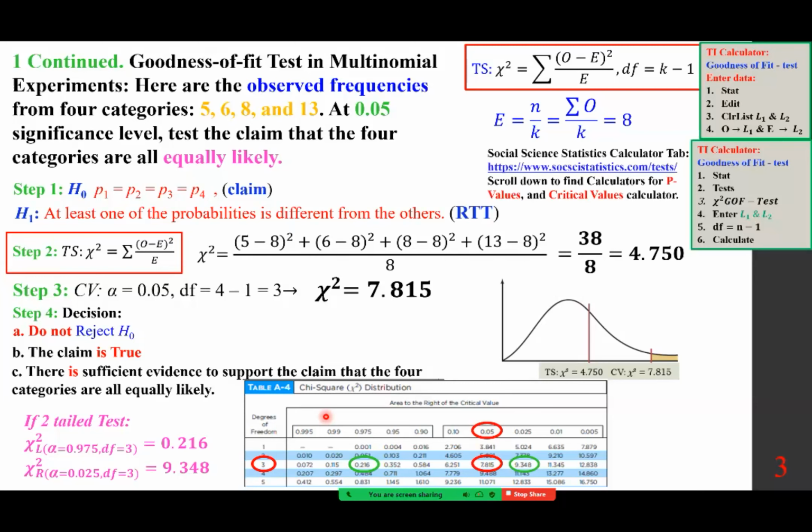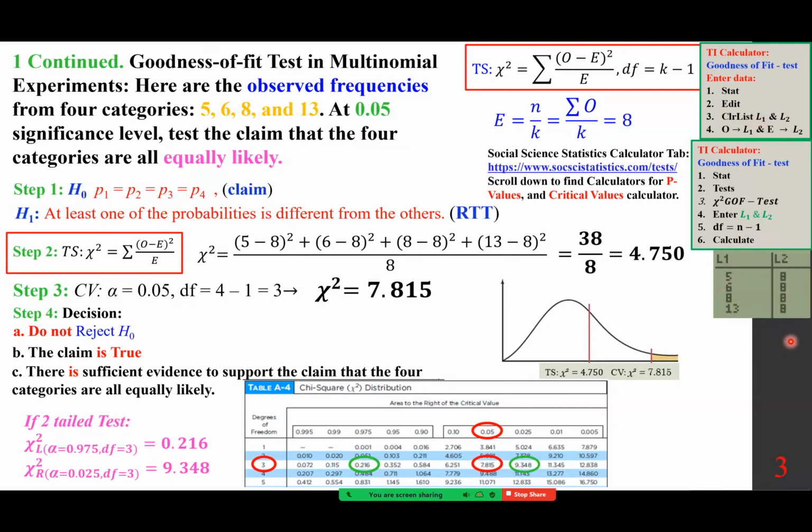As far as technology is concerned, for example, you can use the internet or the calculator. So we are going to edit and clear L1 and L2. In L1, we put the values. In L2, we give the expected value, which is the same for all of it.